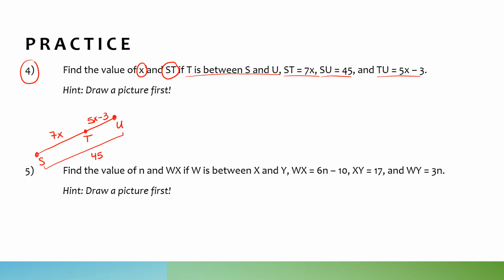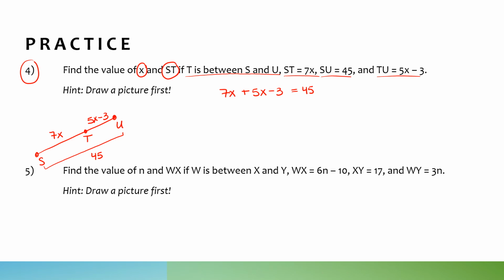So a diagram helps situate what's going on here for us, but the same concept applies. The smaller segments added together should equal our larger segment. So that looks like ST, 7x plus TU, 5x minus 3. Those added together equal the whole segment SU, 45.